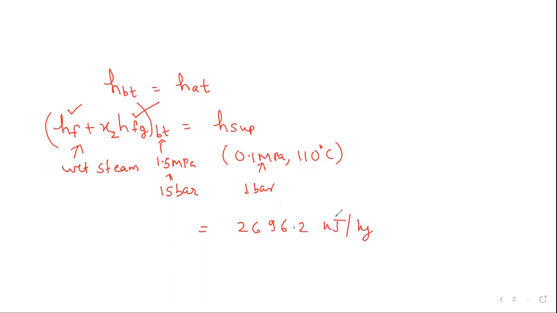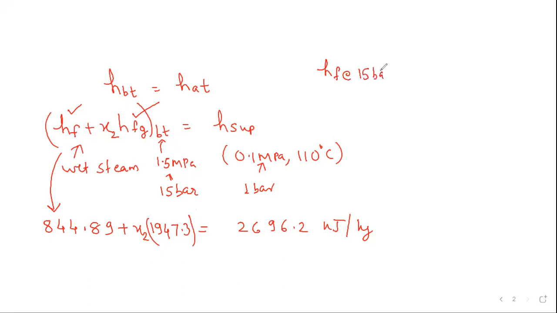And the value of HF at 15 bar is 844.89, plus x2 times HFG at 15 bar, which with me is 1947.3.